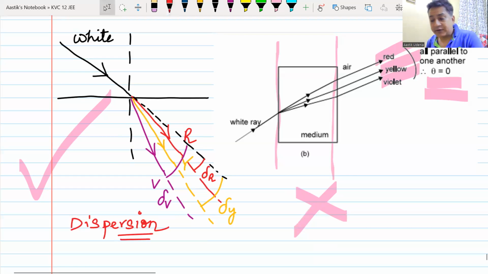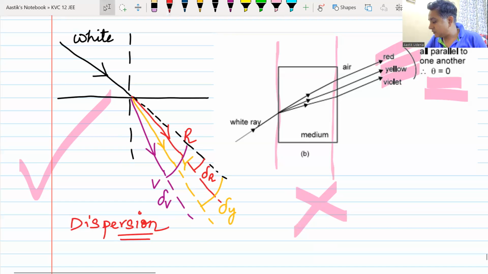But what happens when light passes through a prism? Prism also has two plane surfaces, but those plane surfaces are not parallel to each other. So what do you think? I want to know your thoughts. Will dispersion happen through a prism or not?